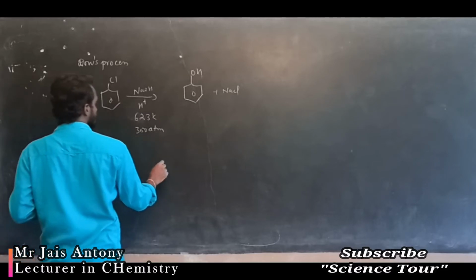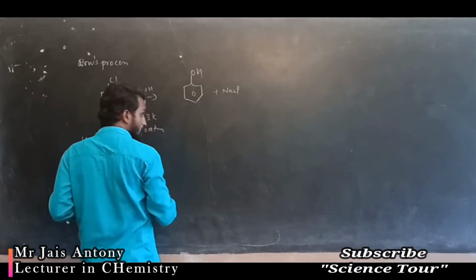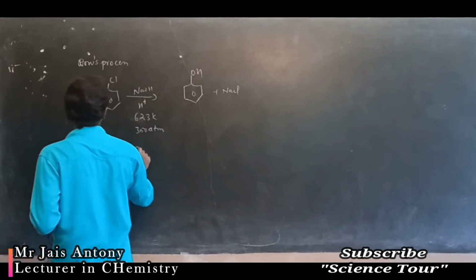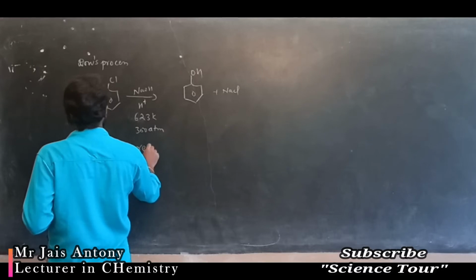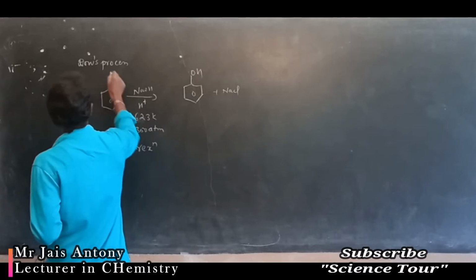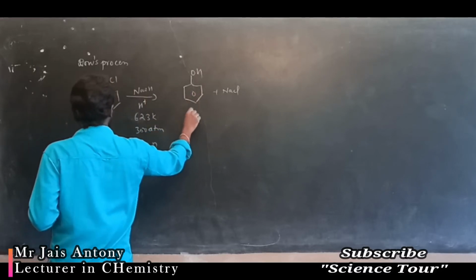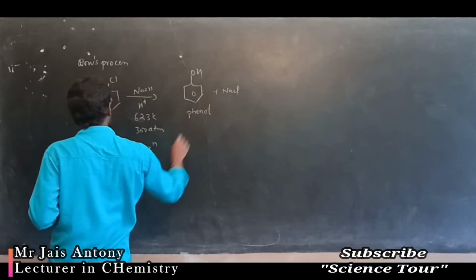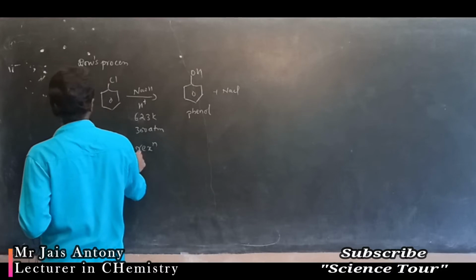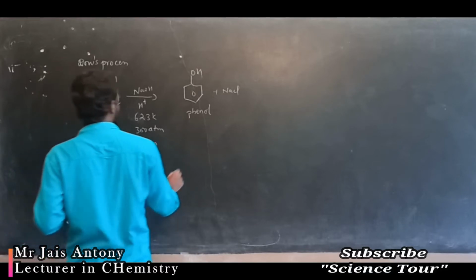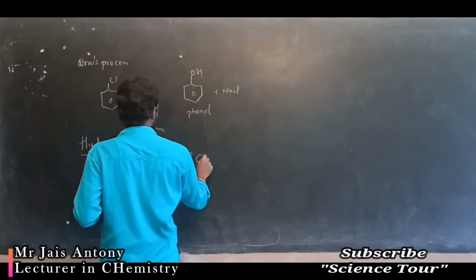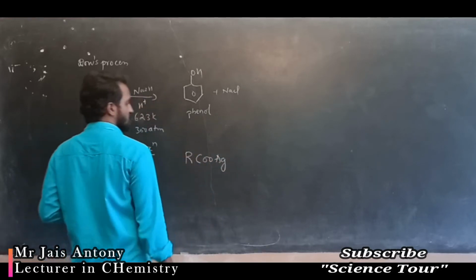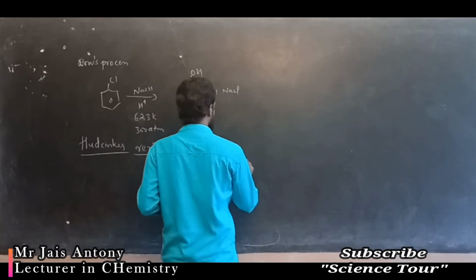Next is the Hunsdiecker reaction. This is Dow's process, where we get phenol. In the Hunsdiecker reaction, the silver salt of an acetate, the silver salt of any carboxylate, reacts with bromine.